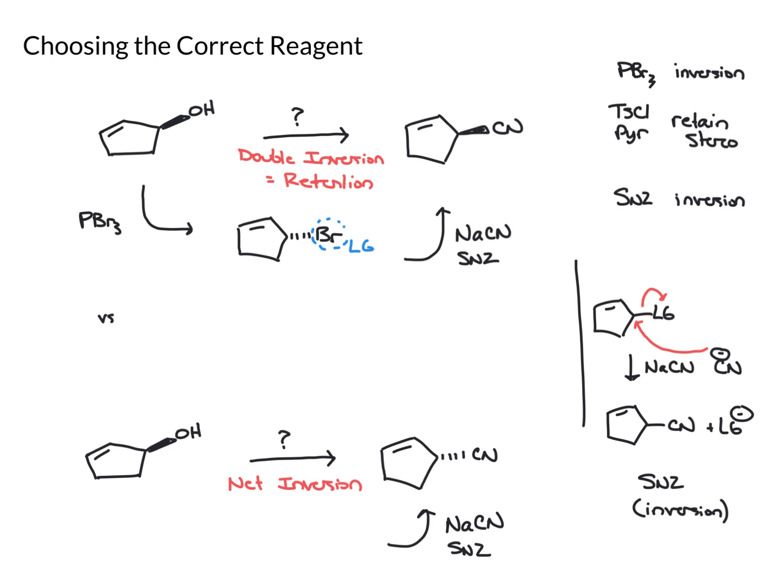So I want to retain the stereochemistry in this first step. So in that case, I want to use tosyl chloride and pyridine. That turns the OH into a good leaving group without changing the stereochemistry. So then when I add the sodium cyanide, that's the only time the inversion occurs.